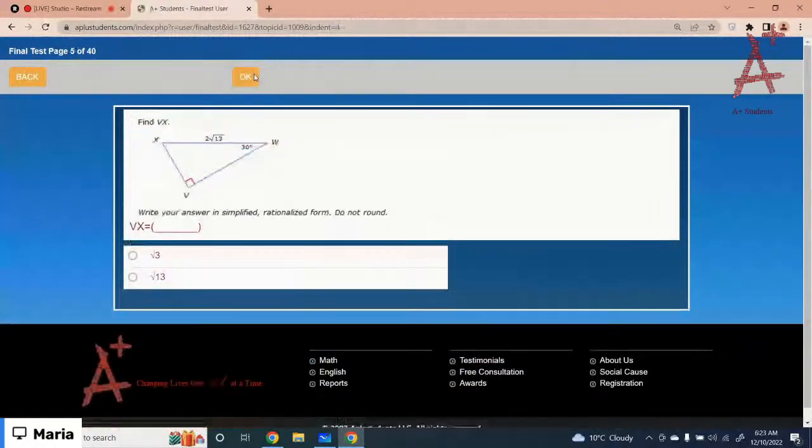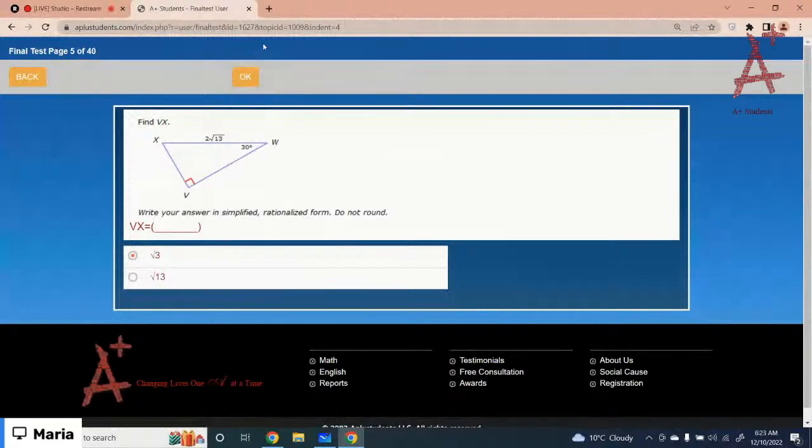Okay, you have to find the length of Vx. Vx is half of the hypotenuse. Got it? So it would be square root 3. It is a 30 60 90 triangle. Got it? So according to the 30 60 90 triangle, the shorter leg, the length of the hypotenuse.